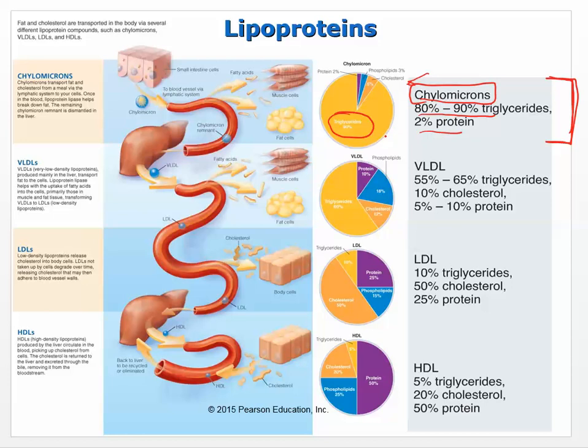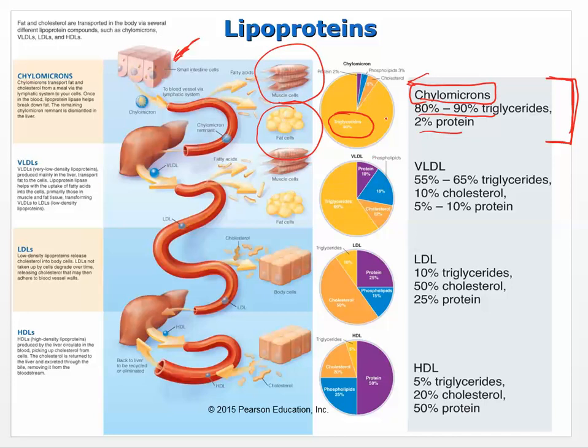Or it can go to the liver, and the liver can process it. Or maybe the muscles need triglycerides. So these chylomicrons, even though they come straight in, most of them try to get to the liver as quickly as possible so they can be processed and they aren't just floating around in your bloodstream. Some go to fat cells, and some actually go to muscle cells as well. So they're absorbed by the intestines, and then they go to one of these places.